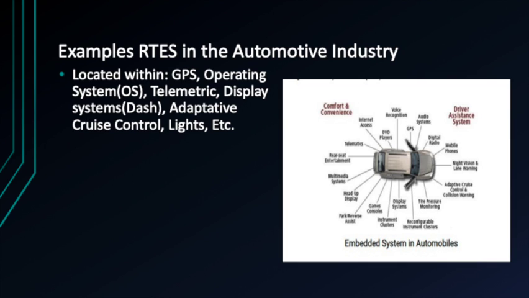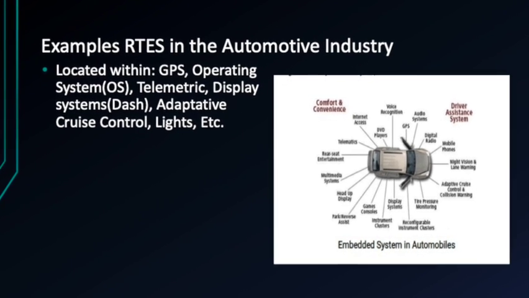Your real-time systems here would be your GPS, your tire pressure, your instrument clusters, your display. Your adaptive cruise control is a big one that uses the sensors in the front of the vehicle, your heads-up display, your parking assistant, etc. Leave this slide here for a few seconds just so you can see the other systems involved.